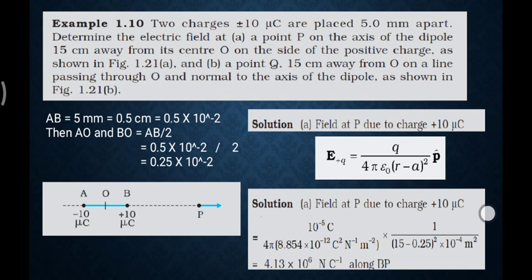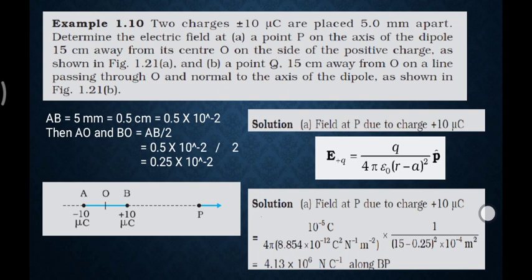Now we are at example 1.10. This example is nothing but a refresher of what we discussed. If you have a clear idea from part number 9, then you will be able to understand what we are trying to discuss at this point.